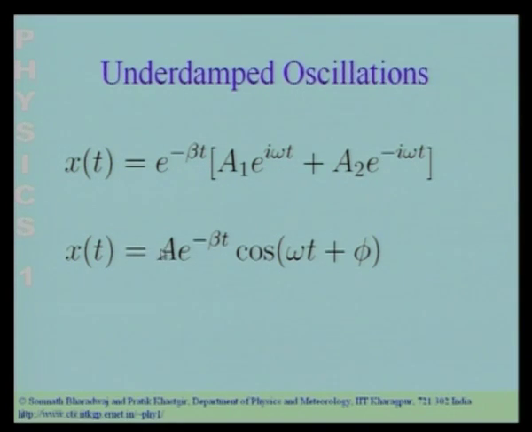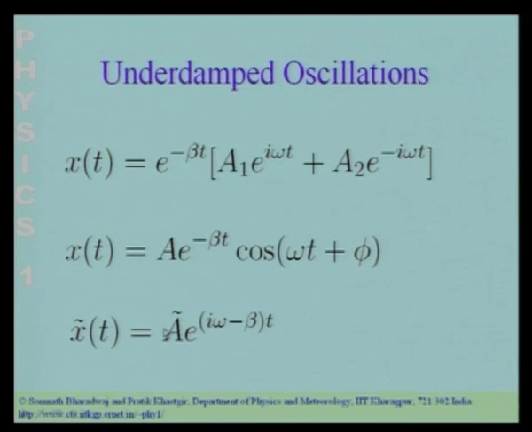Now we can combine this real amplitude A and the phase phi. We can combine these two terms and also write this solution using the complex notation. So if you write this solution using the complex notation, it becomes x tilde of t is equal to a tilde e to the power i omega minus beta t.